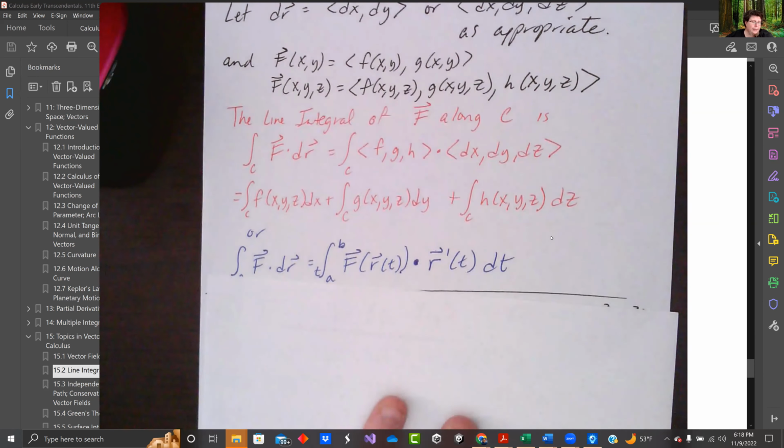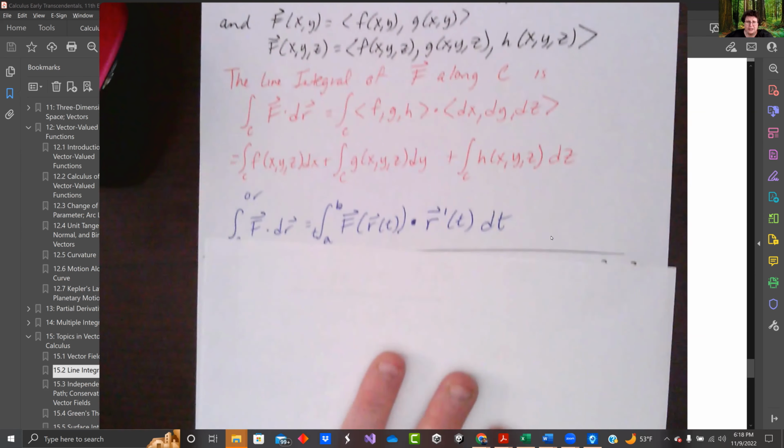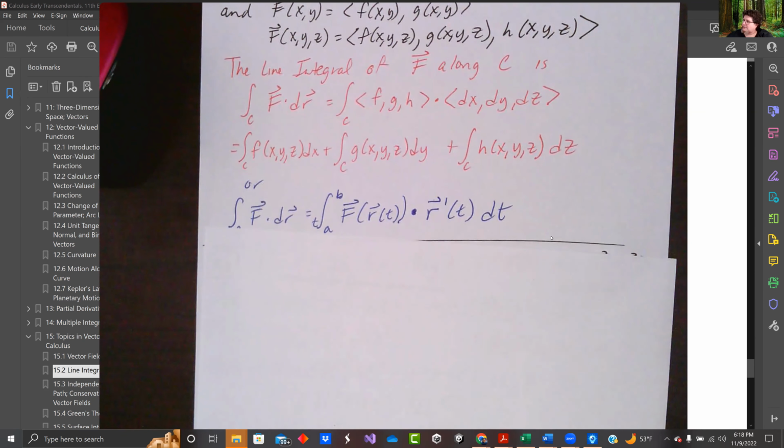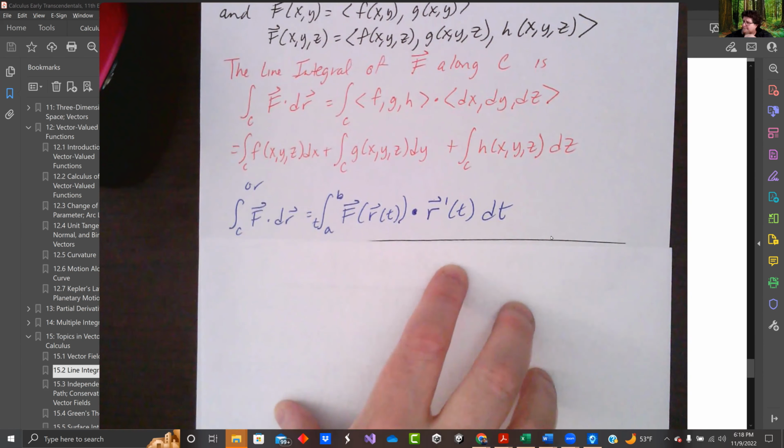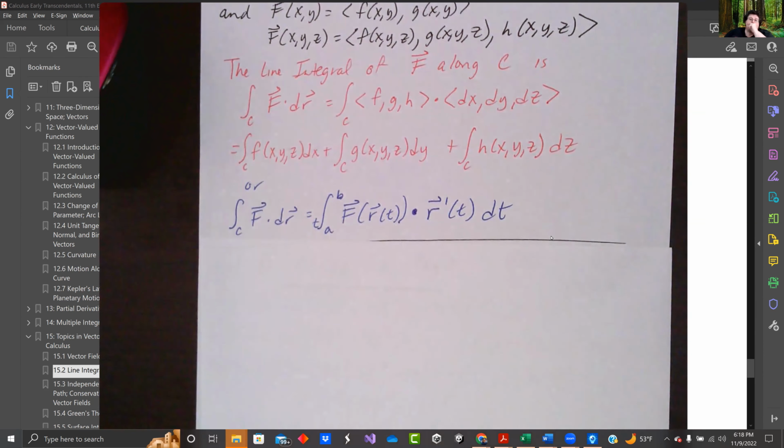I'll give an example in the next video in physics where we do this. Another way of writing f dot dr, just as a reminder, if we parameterize it, we get f of r of t dotted with r prime of t dt, and we go from a to b.